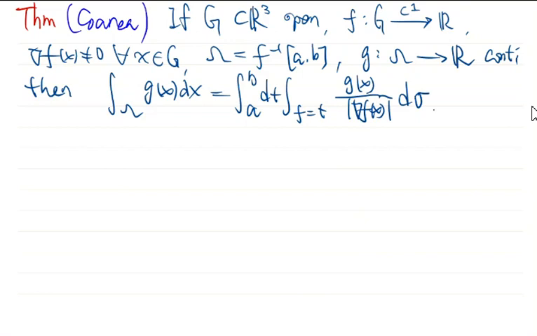This is very similar to the Fubini theorem. The Fubini theorem transforms a higher dimensional integral into several lower dimensional integrals. For example, an n-dimensional integral can be transformed into firstly integrating over n-1 variables, and then integrating over the last variable.